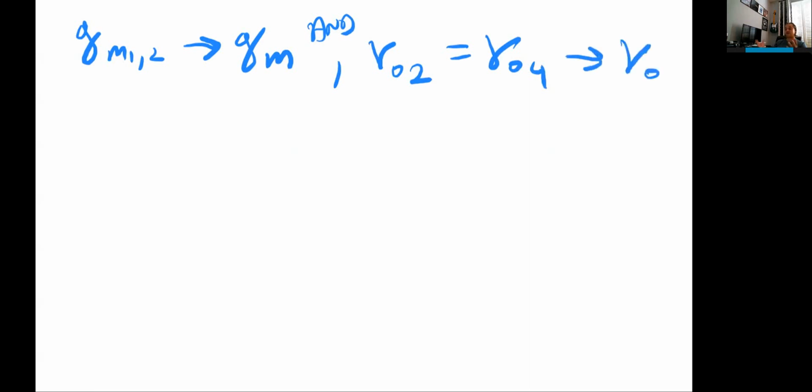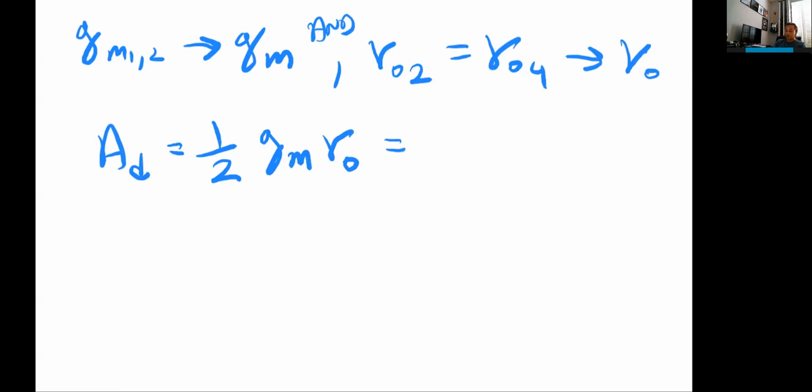So this is if all transistors are the same or matched. And then that gives me a differential gain with the differential to single-ended conversion taken into account of 1/2 GM RO, which is 1/2 the intrinsic gain of the amplifier, which is just GM RO.